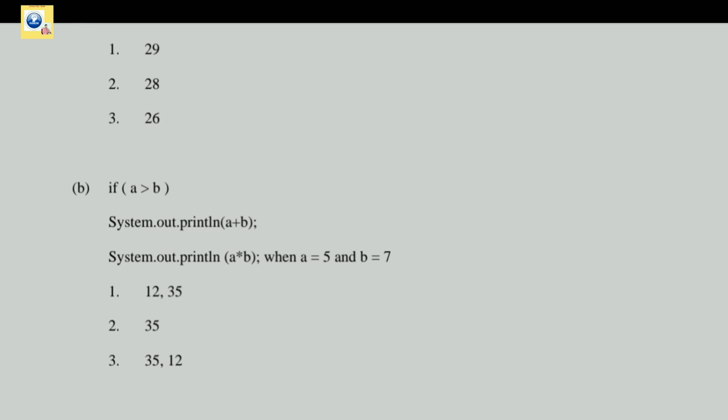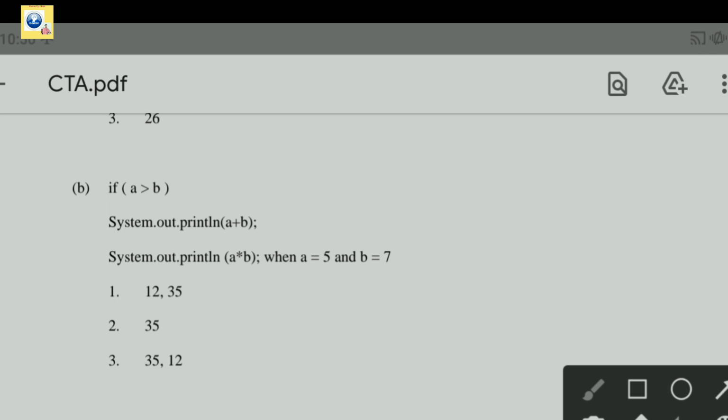Let us go to the second question, B. It's written here, if A is greater than B, then there is a printing statement A plus B, and again there is a printing statement where the arguments are A into B. Okay, so let us solve this. First we check the condition. The condition is false. If the condition is false, then the statement system.out.println A plus B will not be executed because it belongs to the if, and when an if has a single statement, it does not require a block.